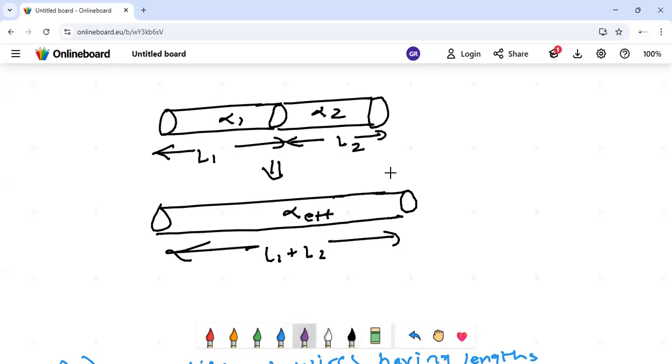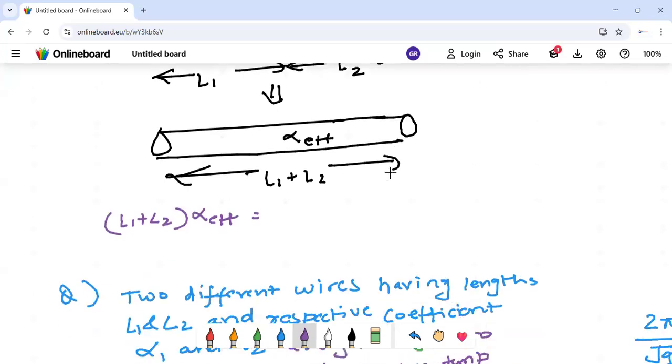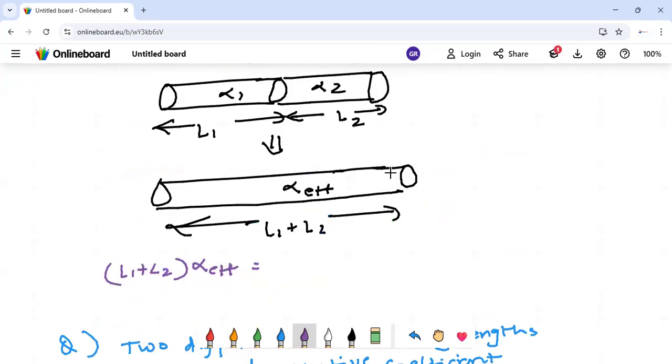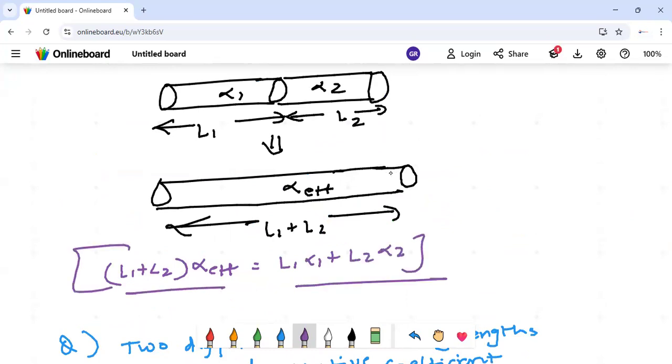So we have to take the change and equate them. L1 plus L2 times alpha effective should be equal to L1 alpha 1 plus L2 alpha 2. Simple. Because both rods are identical, their expansion should be the same.